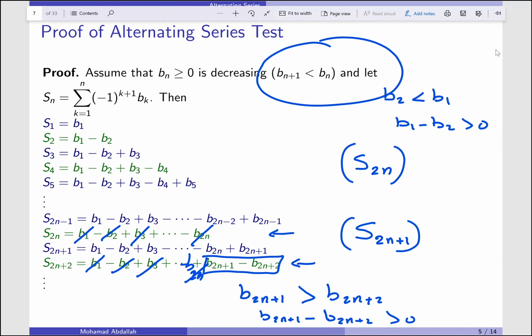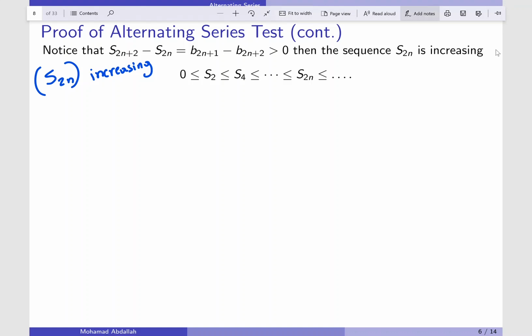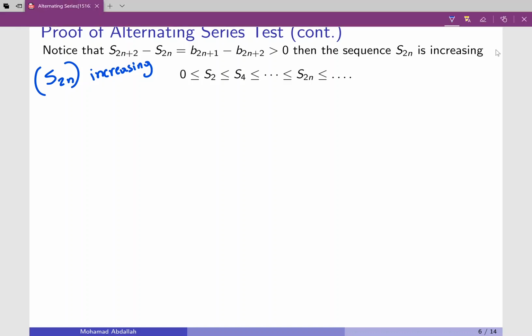So when I take the difference S2n+2 minus S2n, I get b2n+1 minus b2n+2, which is a positive quantity, and this means that S2n+2 is bigger than S2n. So S2n is an increasing sequence.